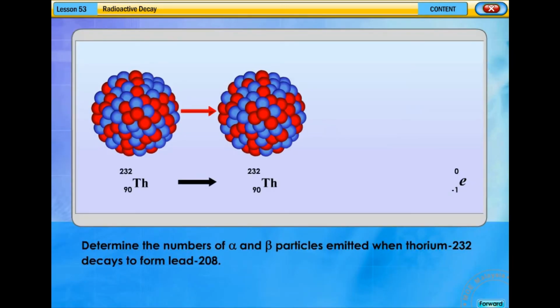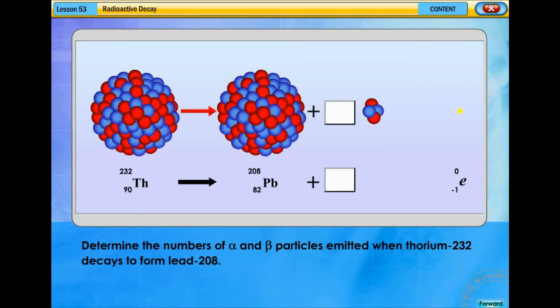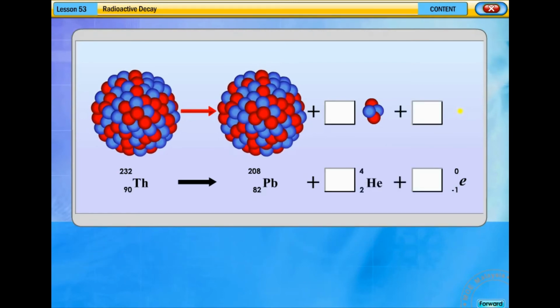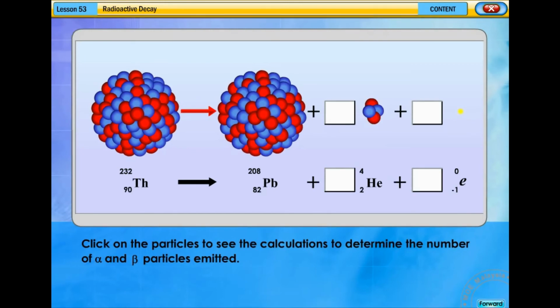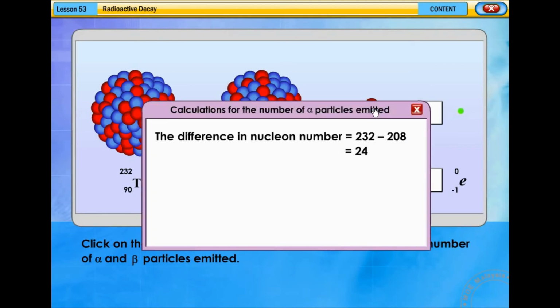Determine the numbers of alpha and beta particles emitted when thorium-232 decays to lead-208. Click on the particles to see the calculations to determine the numbers of alpha and beta particles emitted. Calculations for the number of alpha particles emitted.